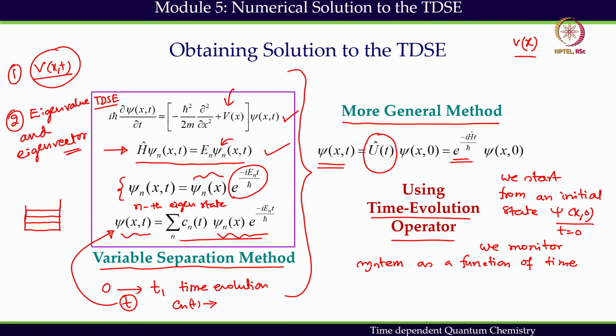We remind you that this form of the time evolution operator is actually a general solution of TDSE. In the last module, module 4, we saw how we got this expression for the time evolution operator. So, let us proceed.